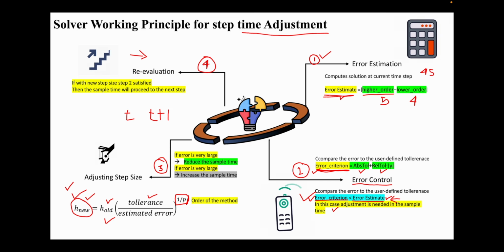If you use very small sample times, you will do a lot of calculation for the same simulation time. This gives you an advantage, and this is only possible with a variable-step solver. We will also see what other variable-step solvers are present in a future tutorial, and how and where to use them.